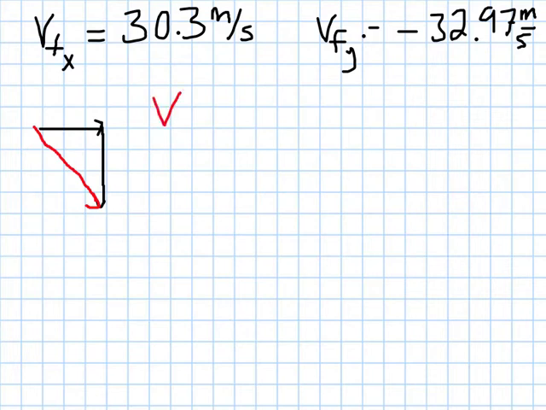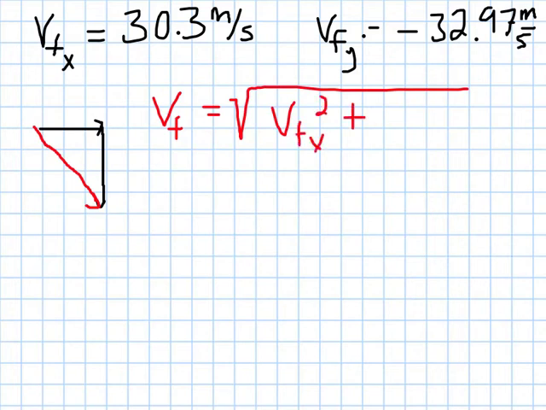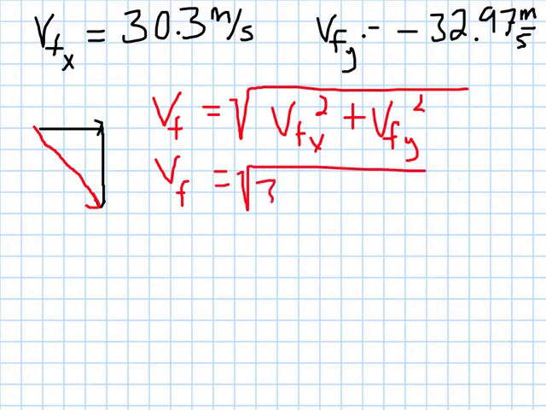So my total v final is going to be equal to the square root of my v final in the x direction squared plus v final in the y direction squared. So v final is going to equal the square root of 30.3 squared plus 32.97 squared.